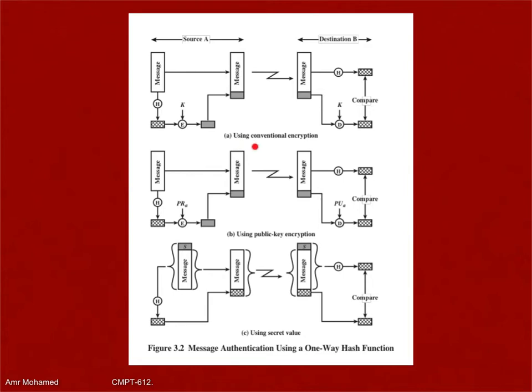One way, very straightforward. Using conventional encryption techniques, what we could do is take the message and perform the hash, which will produce a fixed size message digest. We cannot call it a MAC, because it's not based on a key. Then, as a second step, we apply an encryption technique only to the message digest, using the key.